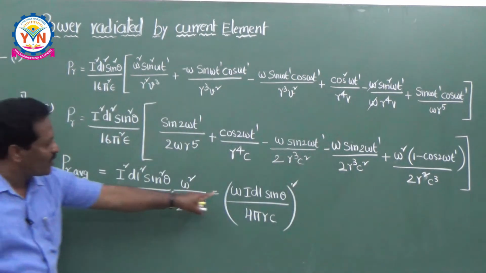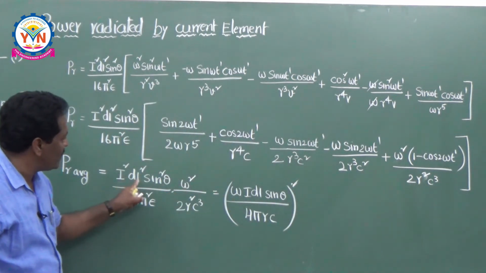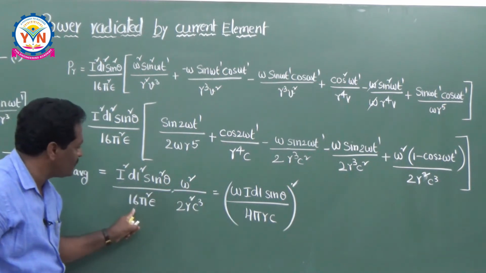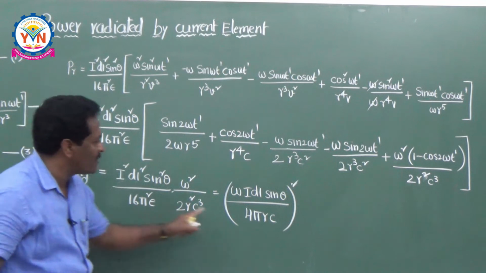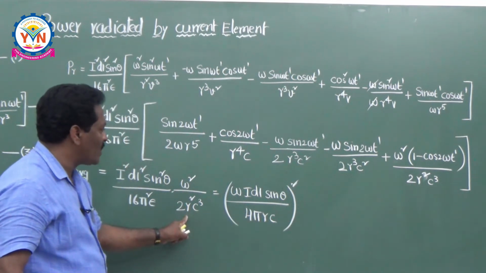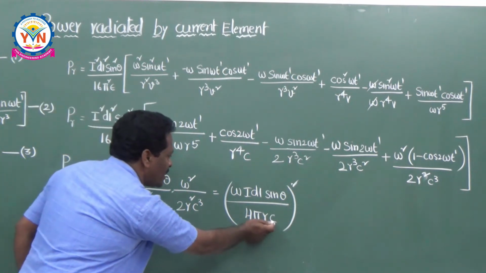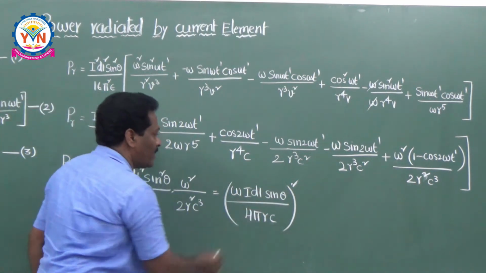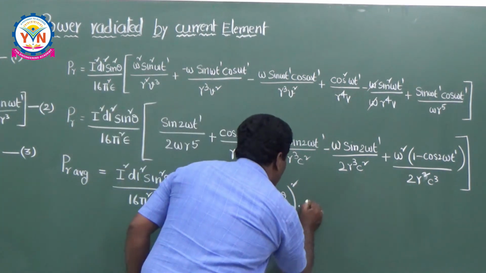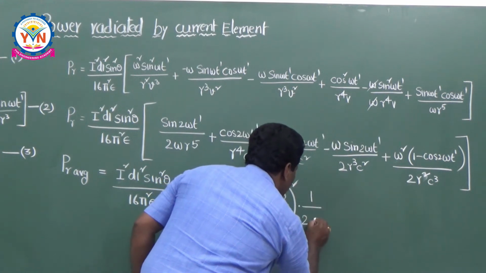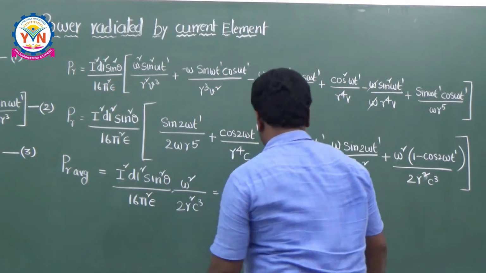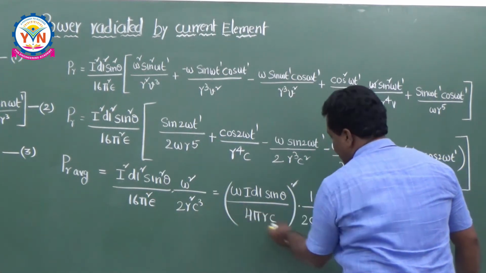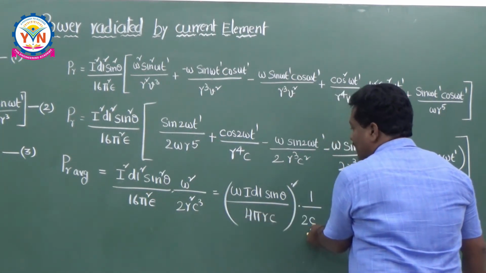The numerator is okay here: omega square I square dl square sin square theta, and 4 pi r c gives 16 pi square, and you can say that this is r square, and you can say this is c. C means light velocity. So here you are having c, but what is remaining here? That is 1 by 2 into c. C means light velocity. So what is the velocity of electromagnetic wave? Here you are taking that c, and c I can write down here.